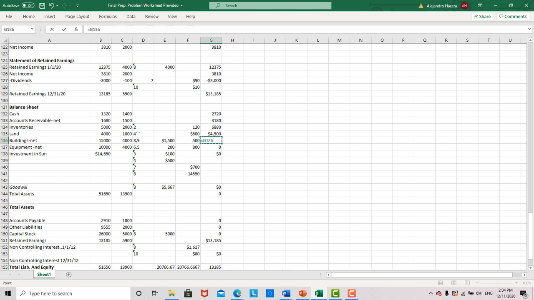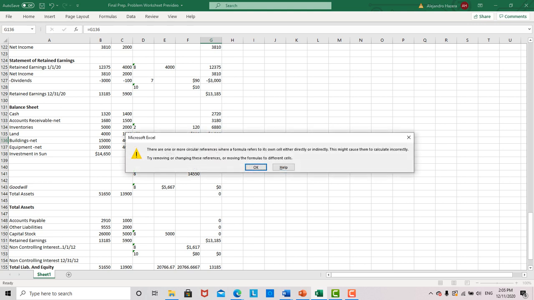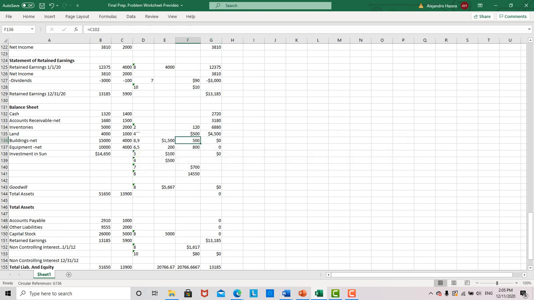So anyway, we're going to have $15,000 plus 4,000 plus 1,500 minus 500. Your buildings are 20,000. Equipment is 14,000 plus 200 minus whatever that number is underneath there. Gives you 800, 13,400. That's correct.